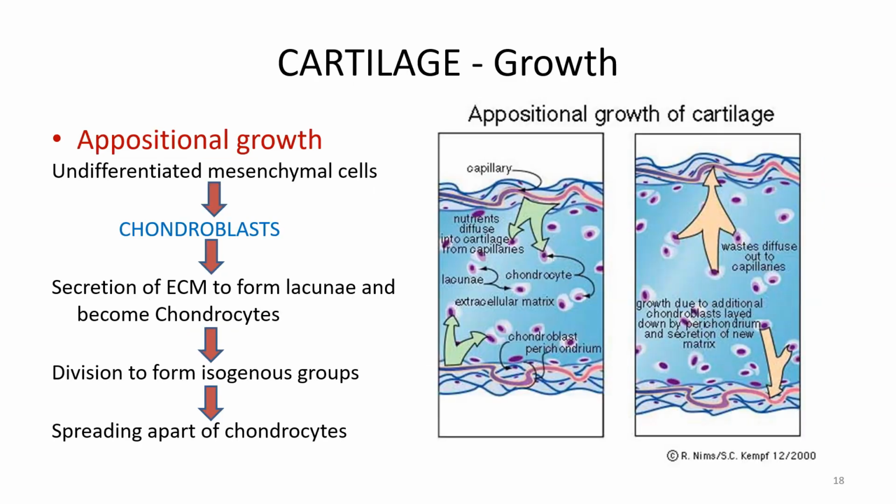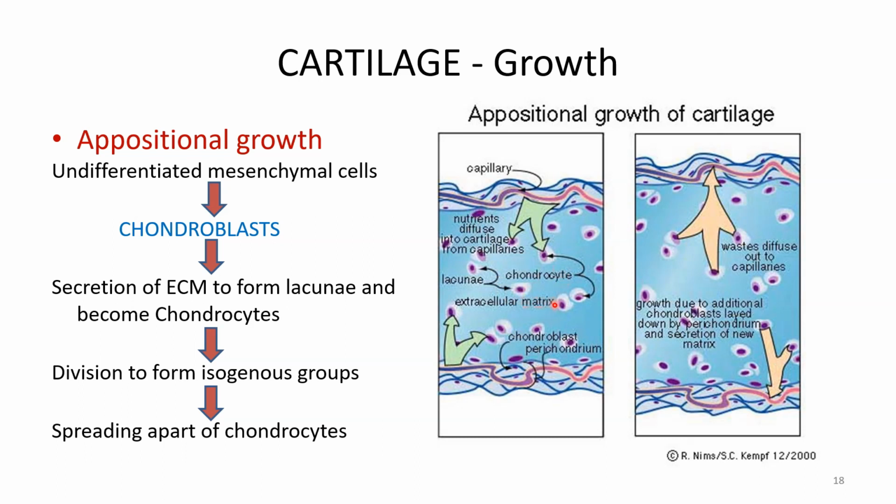So look at this picture. In the appositional growth, undifferentiated mesenchymal cells get differentiated into chondroblasts from the perichondrium. These will secrete the extracellular matrix to form the lacunae, and they become the chondrocytes.